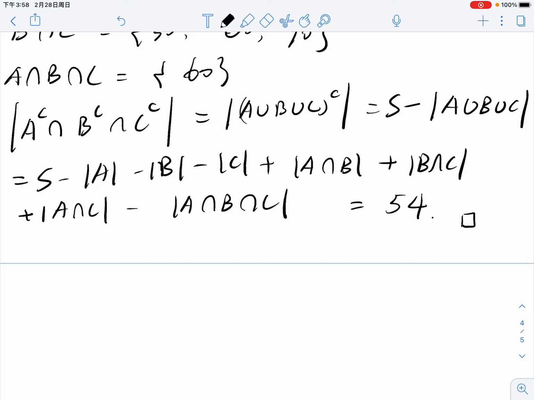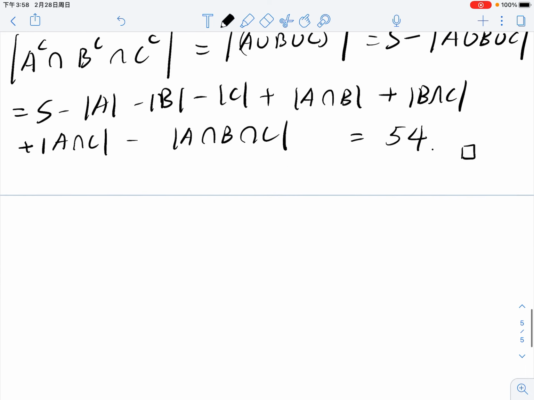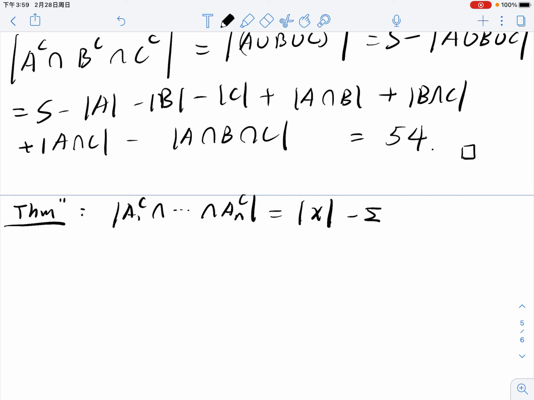Okay, I will not repeat the elementary counting. And from this, we can easily write down a slightly different version of the previous inclusion-exclusion principle. That is, if we are interested in the cardinality of the intersection of the complements, then we can just use the cardinality of the whole set minus the cardinality of the union.